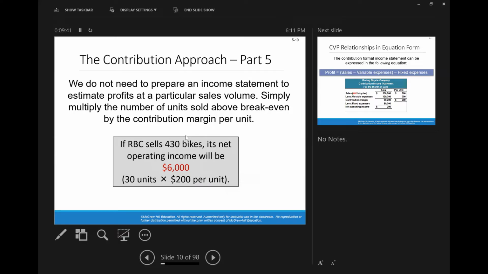We're selling 30 over what our break-even point was, so we take the 30 times 200 and that gives us the $6,000. Does it make sense? We had the one unit, which is 200, so if we just add one unit, you see the 200 in profit. Now you know every unit is 200. Nothing's changing, fixed staying the same, it's the same variable cost. The contribution margin is not changing for each unit, so we can do it that way, as long as everything's the same.